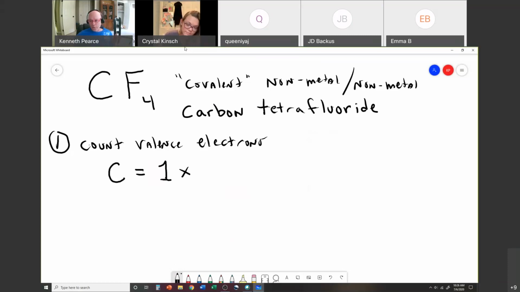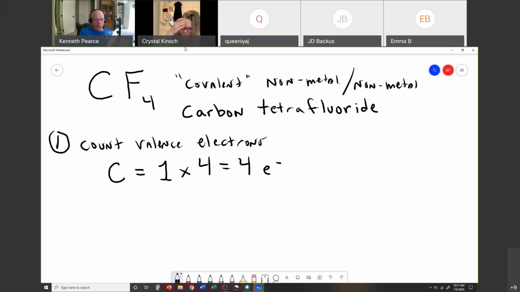We count across the periodic table. We look at our periodic table and we go 1, 2, 3, 4. Carbon has 4 valence electrons. And we say 1 times 4, well, that's exciting. That gives me 4 electrons. Now remember, it's not the same as total, it's just valence.